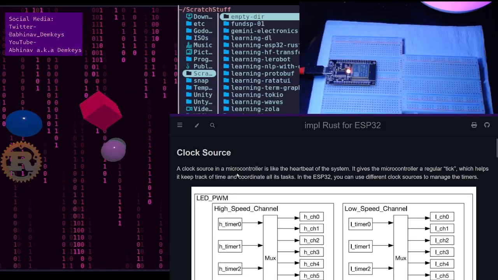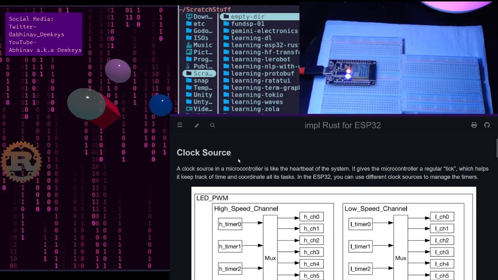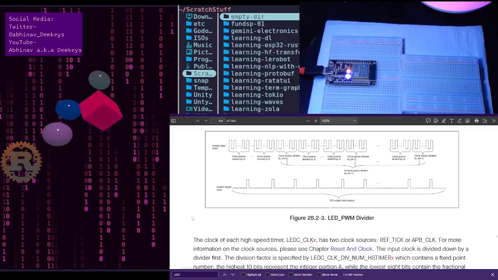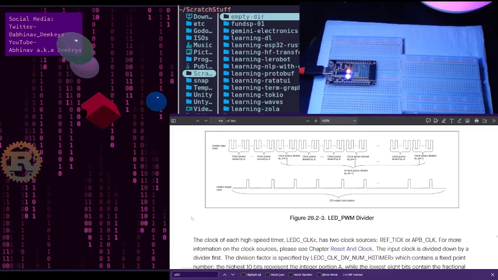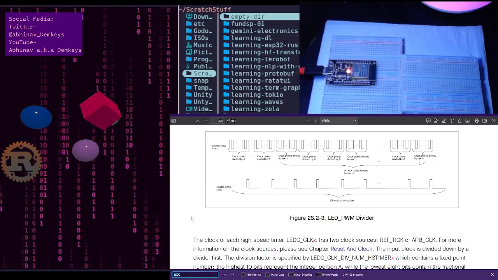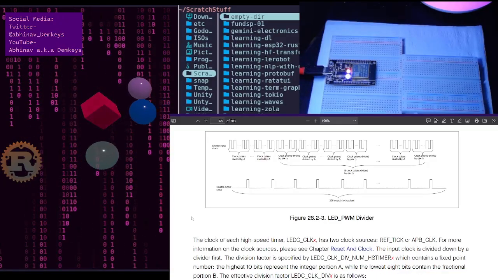Okay. All right. So we are looking now into this. There's a couple of things that we need to explore here, right?